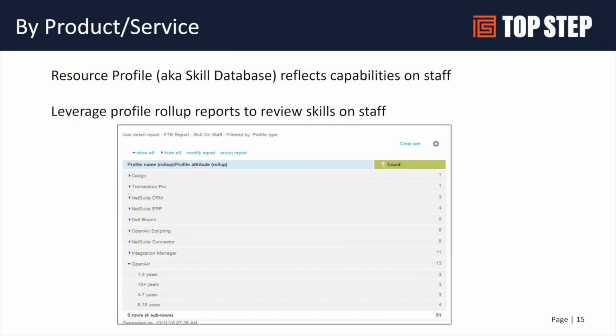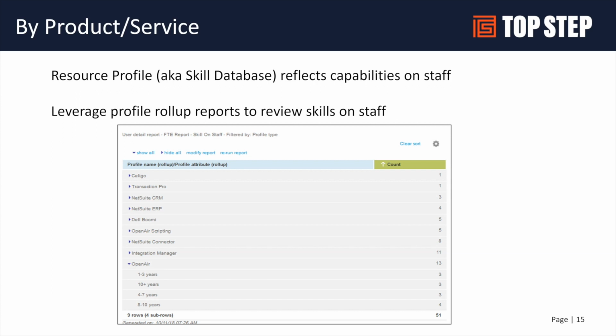So often that's great, but we want to see how many people we have on staff that have different skills, or how many projects we have by different counts. So we can run reports in OpenAir. This is using the skill profile or the skill database, and we can look at capacity on staff.